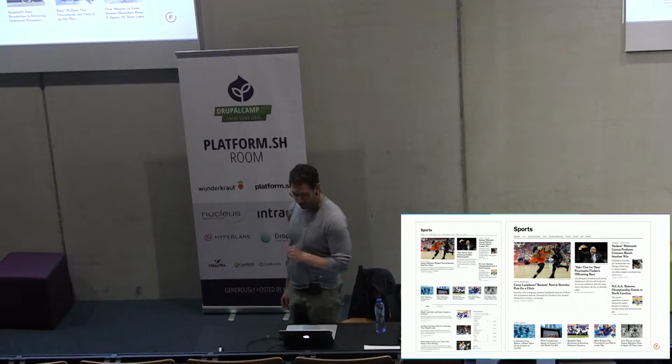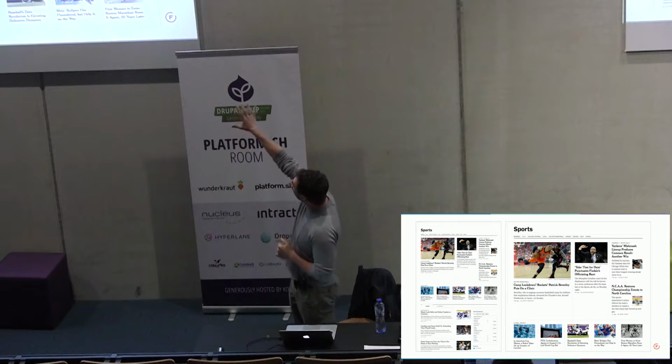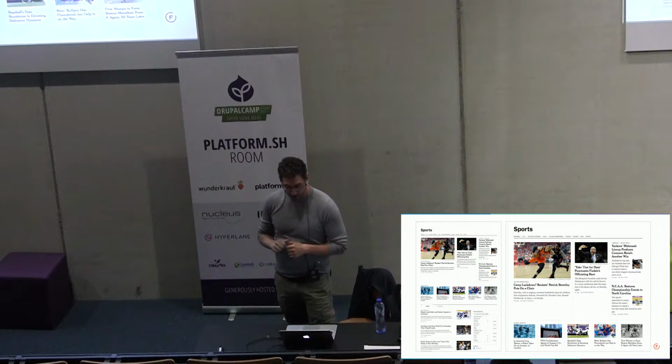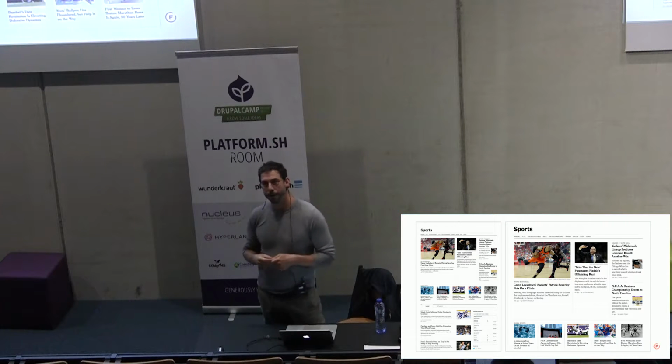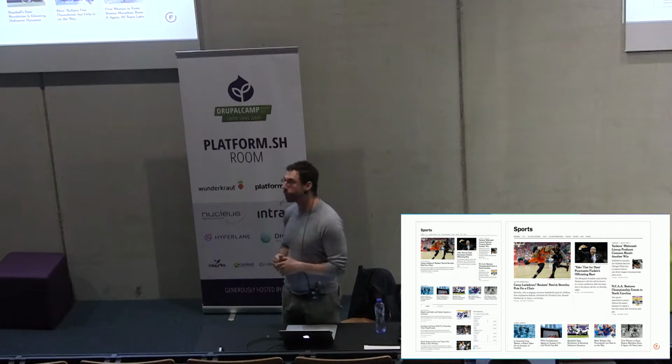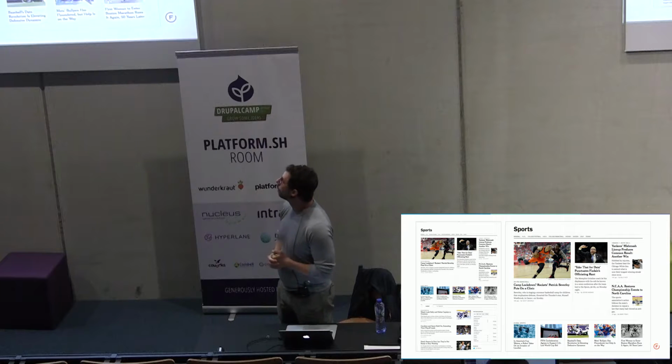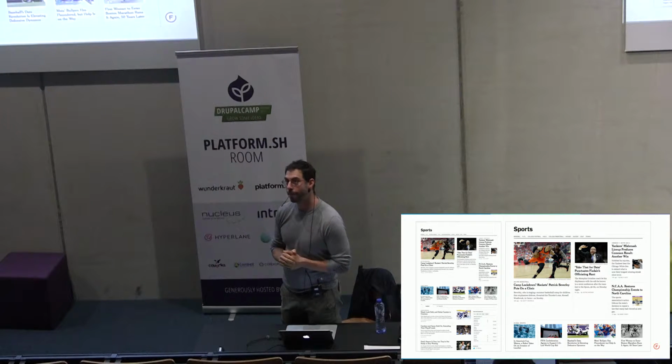So identifying components. Here's the sports page of the New York Times. On the right side, you have a closer view zoomed in. So let's take a second, and if you guys can raise your hands or just shout out, what are some of the components on this page, the right part? News item.